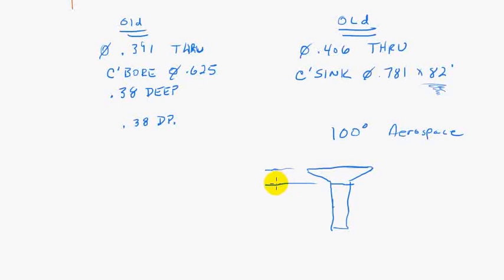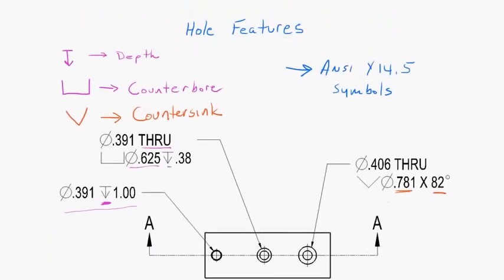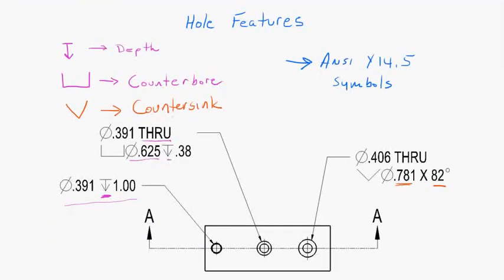So the thickness of that head tends to be a little thinner because they're flushing these into thinner materials. Okay, so we've got the countersunk hole, the counterbore hole, and the drilled hole. And those are typical hole features that you will see on most drawings.